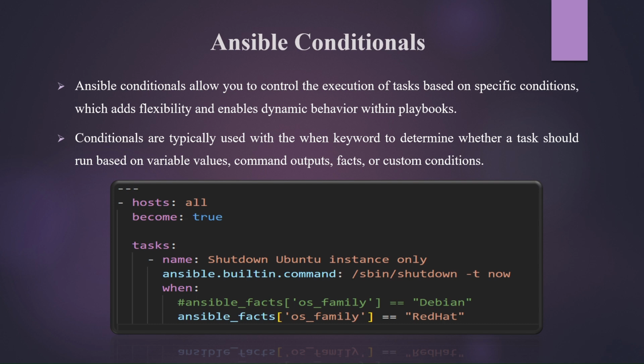So this is a sample script for the when condition. Hosts all, become true, task: shut down Ubuntu instance only, when ansible facts is Red Hat. If you have Red Hat, it should terminate the instance.